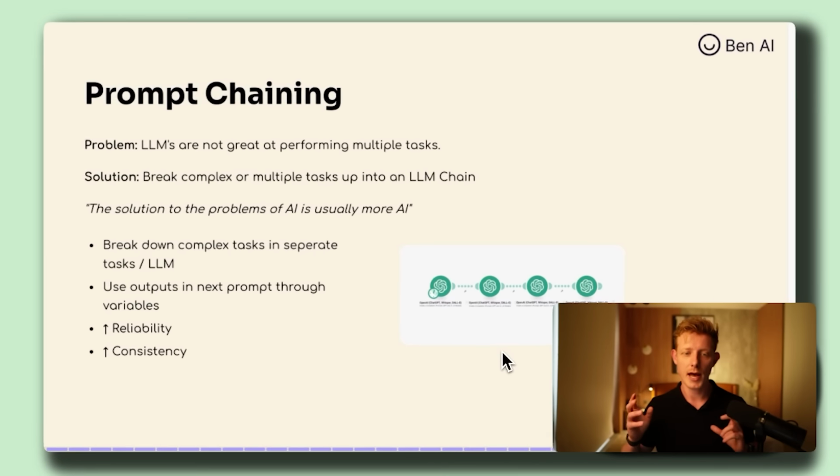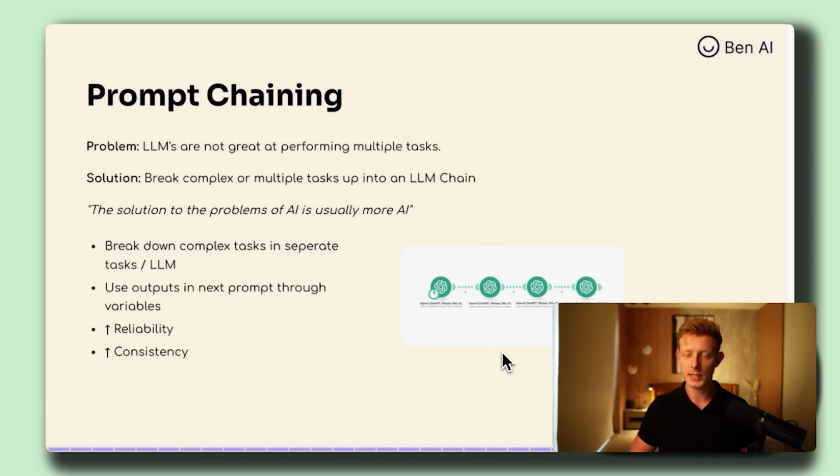And then lastly, we have prompt chaining, which is important to understand, and you're going to use it a lot in these automation systems. Why do we use prompt chaining? Because LLMs are not great at performing multiple tasks. So we never really want to instruct these LLM modules inside of an automation system to do multiple tasks inside of one prompt.